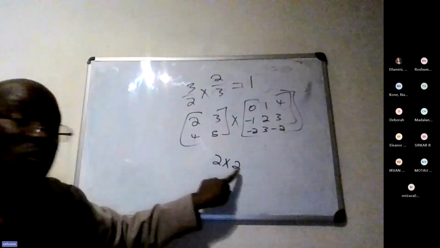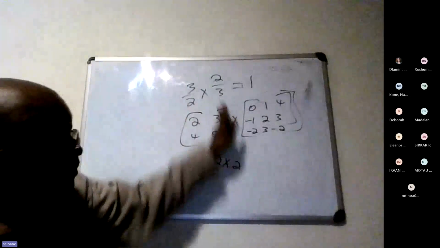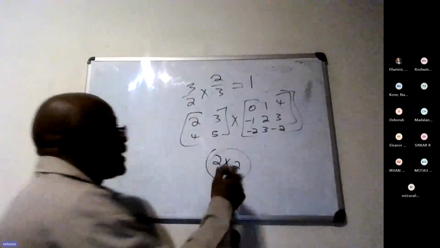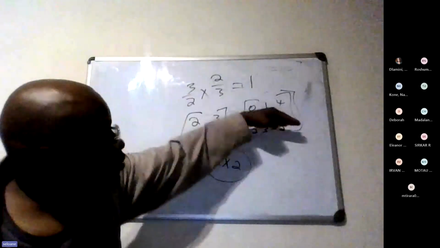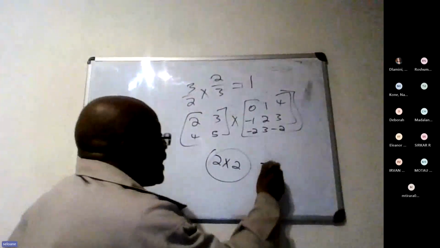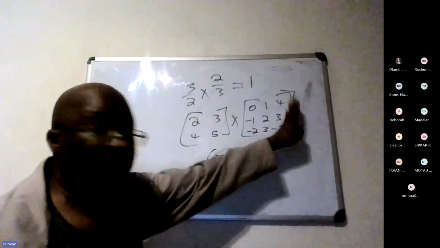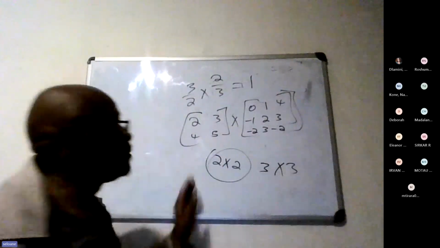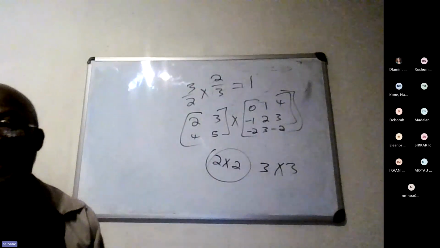Now, what about this one now? What are the dimensions of this? How many rows? 1, 2, 3. Then it will be 3 rows and how many columns? 1, 2, 3. 3 columns. Can we multiply these 2? Does the product of these 2 exist? No, it doesn't exist.